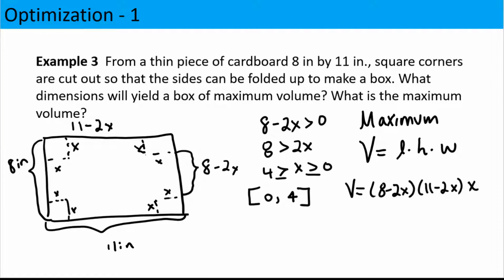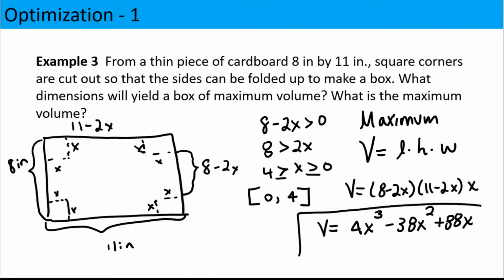We'll multiply these together and we'll get the volume in terms of x is 4x cubed minus 38x squared plus 88x.